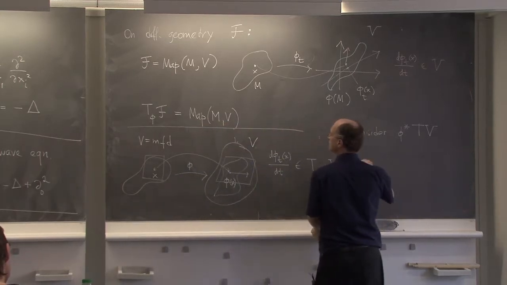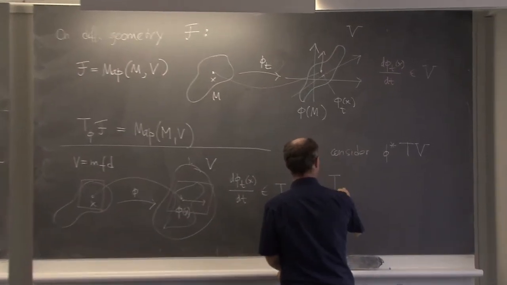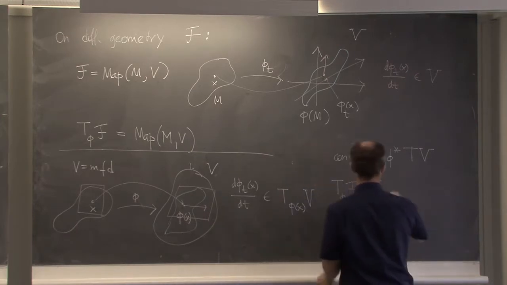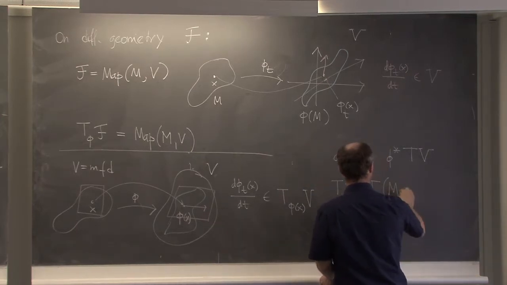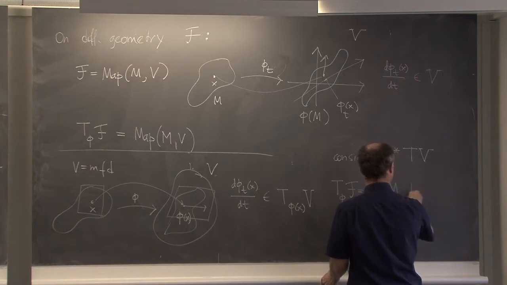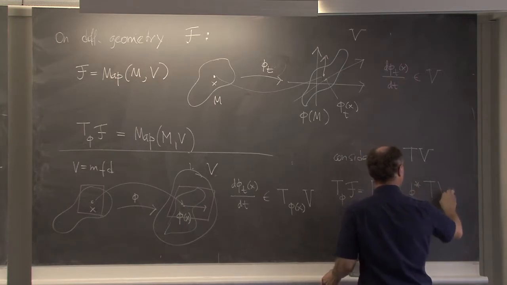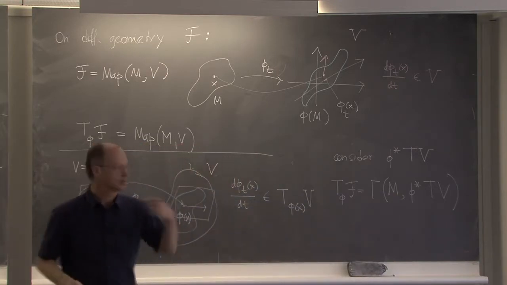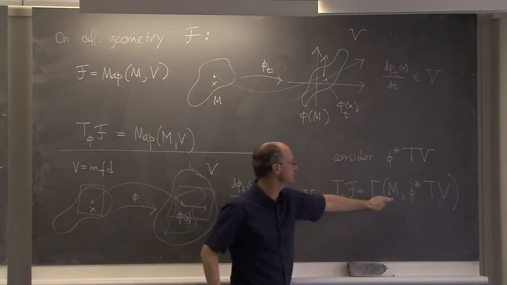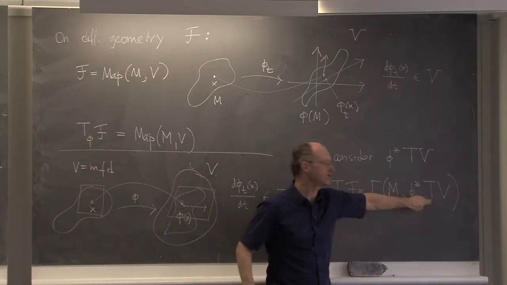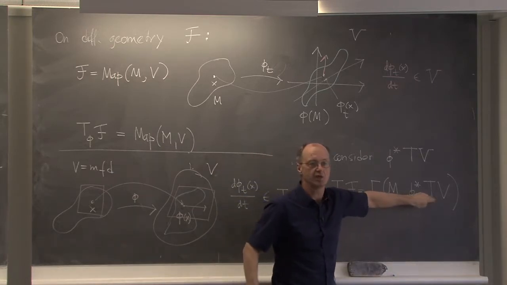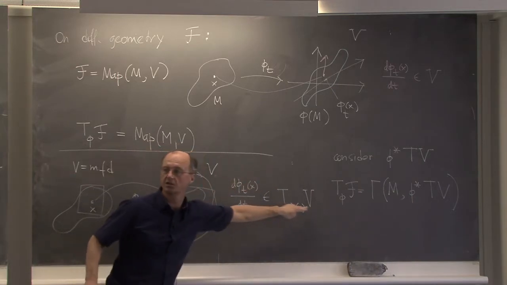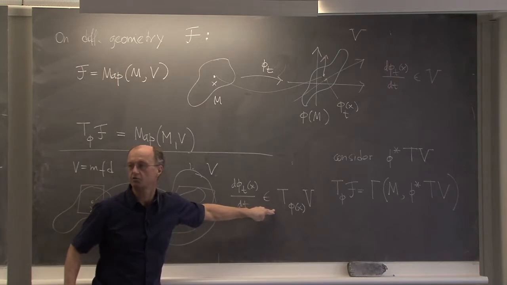So the tangent space T phi of F then becomes identified with the space of sections over M of this pullback bundle. A section of such a bundle means that to a point x you associate a vector there, and the vector is exactly in the vector space you want.